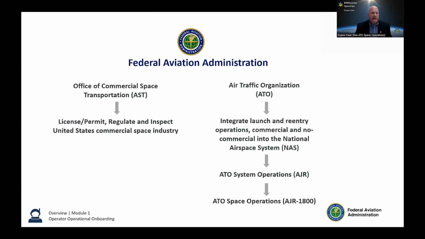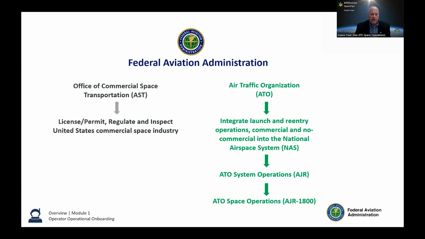As Emily mentioned, we have two lines of business predominantly involved in this. There are other lines of business that do have interests and stakeholders in the process, but for this discussion, Emily covered the Office of Commercial Space Transportation on the left-hand side, and the Air Traffic Organization is predominantly what we'll be talking about in this briefing this morning.